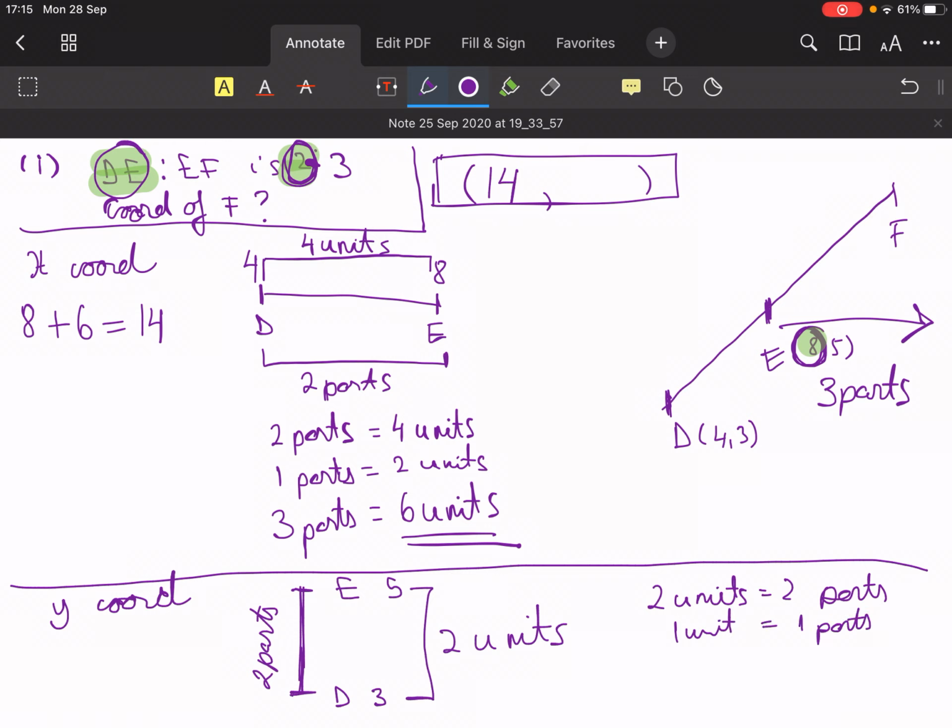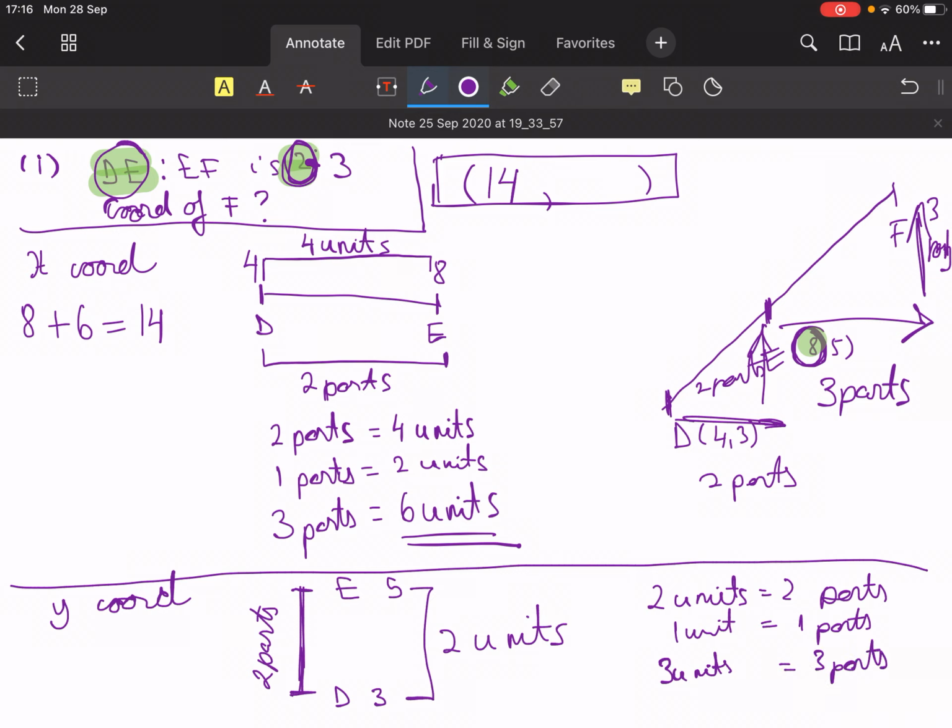And remember, if we're starting from E, we need these 3 parts because the 2 parts are here between D and E. So we've done the 2 parts, they're given to us in the question, now we need to go 3. So this means 3 units is 3 parts.